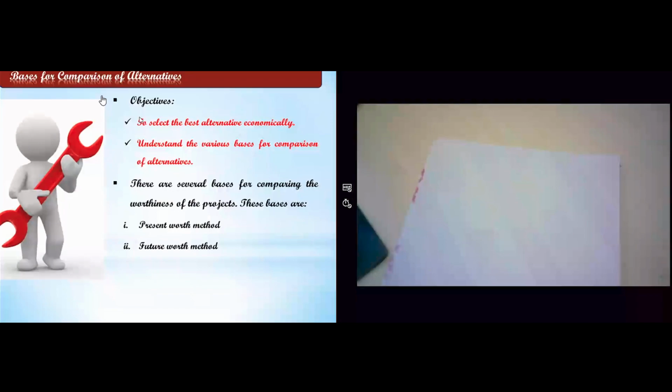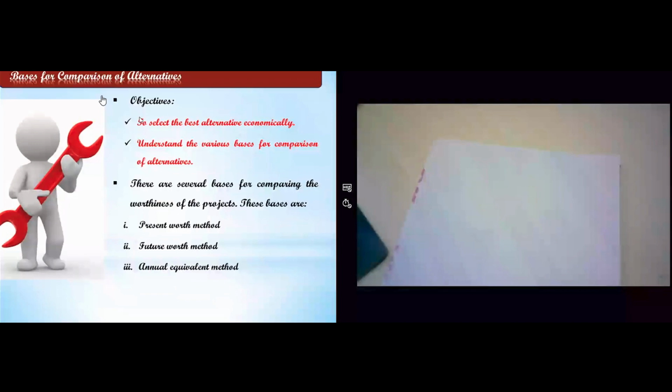Then the third component which will help us to compare the alternatives is the annual equivalent method. In the annual equivalent method, we will resolve the cash flow on an annual basis. Okay, so what we'll do is resolve the cash flow, whether it is a single payment, or a gradient, or a salvage value at some time period. So altogether, we will be calculating these cash flows' equivalent value on an annual basis.